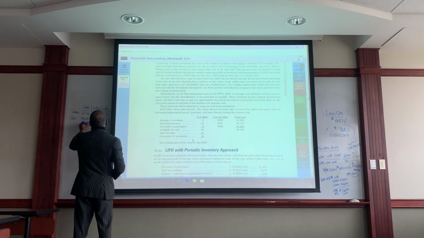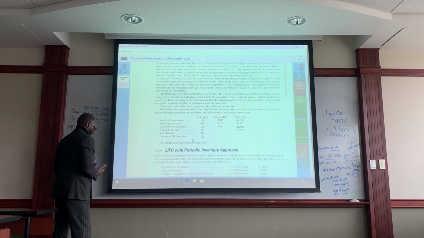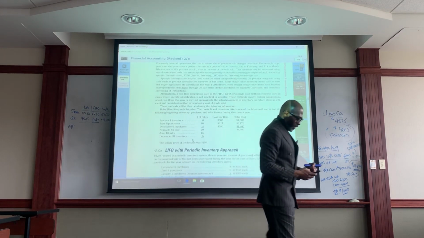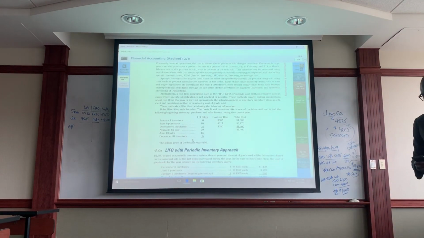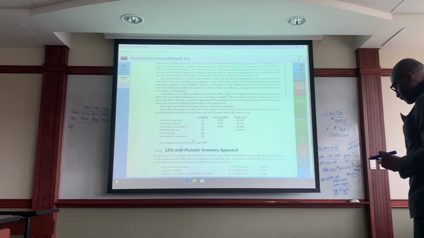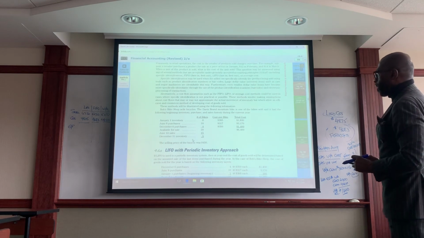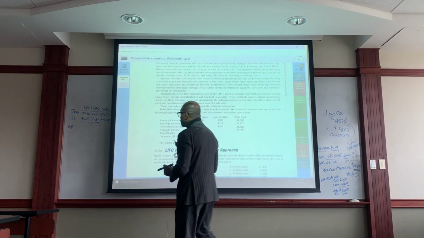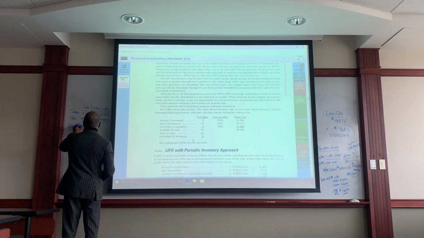And then as you can see, guys, our gross profit, remember gross profit as we used it in the multi-step income statement, and we're doing it again here, represents sales minus cost of goods sold. So in a LIFO situation, we get a gross profit of $1,875.